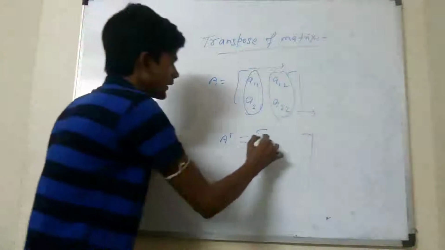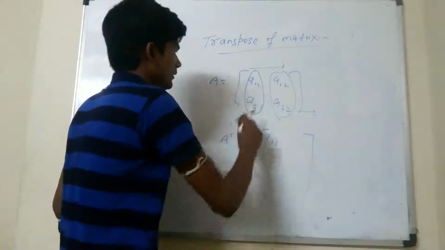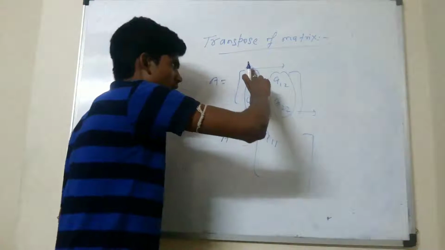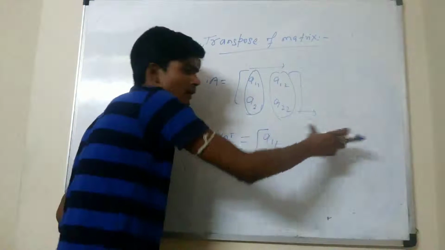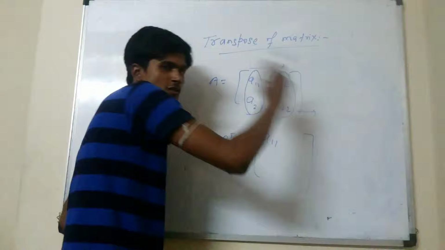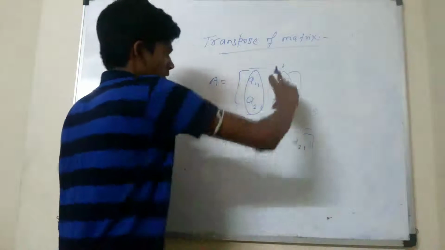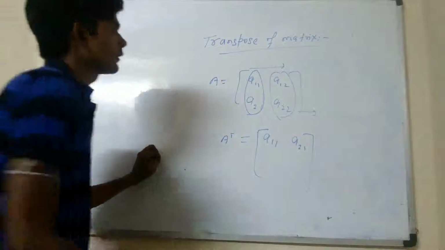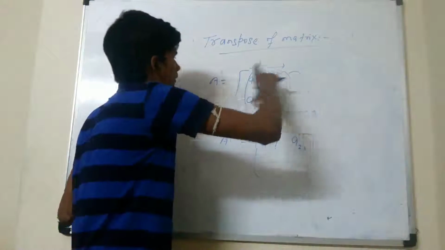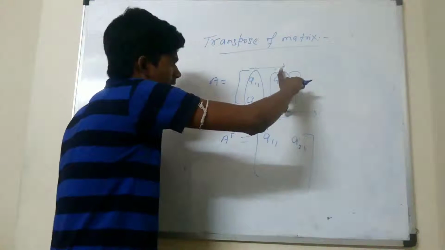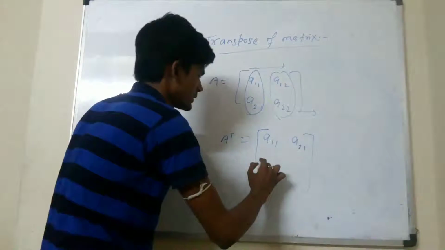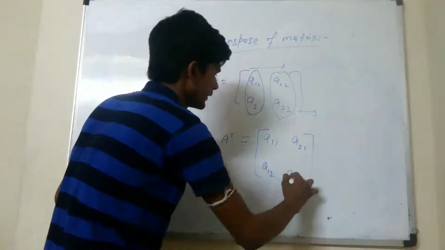So the first column becomes a11 and a21. The second column of matrix A is converted into the second row, a12 and a22. So this is the transpose of A.